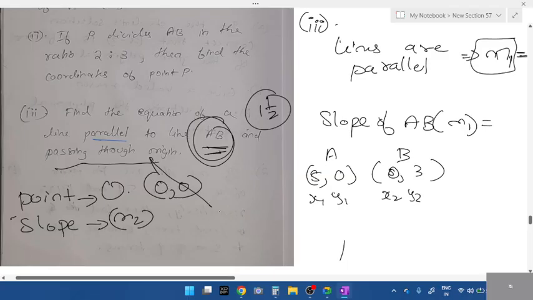Sometimes instead of origin, they'll give x-intercept. If it is x-intercept, what will you take? Whatever value they give, comma 0 is the concept, right? For x-intercept, if they give 5 centimeter, take it as 5 comma 0. They'll mention passing through x at 5 centimeter, passing through y at 3 centimeter. So take those respective values and do it.